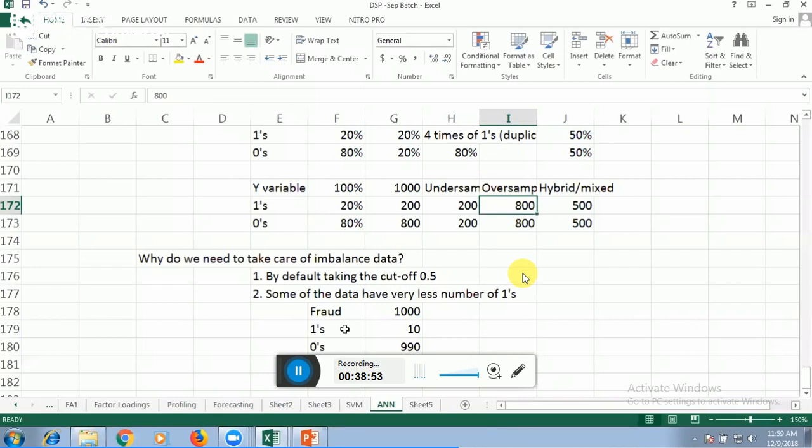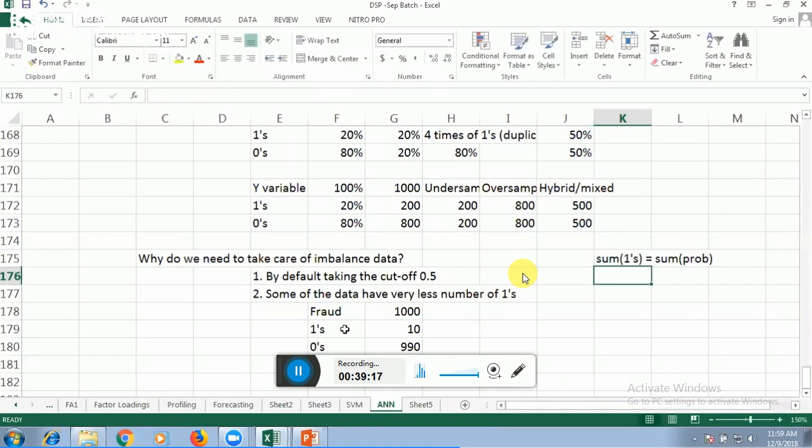But with the same observations in my data, how will it add value to my model learning actually? It is not adding a value. End of the day, you remember my sum of ones is the same as my sum of probabilities.